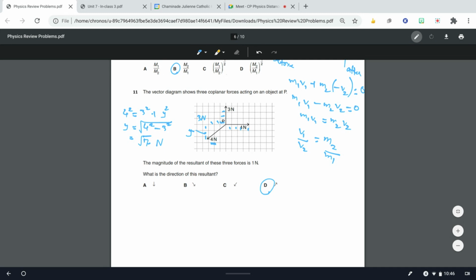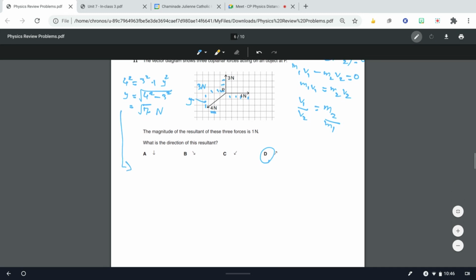Right? And now since you're looking for the components of the force, you would do a force balance in the x direction. So 4 newtons minus 3 newtons that we've got right here on this side, that would give you 1 newton in the x direction, and sum of forces in the y direction.